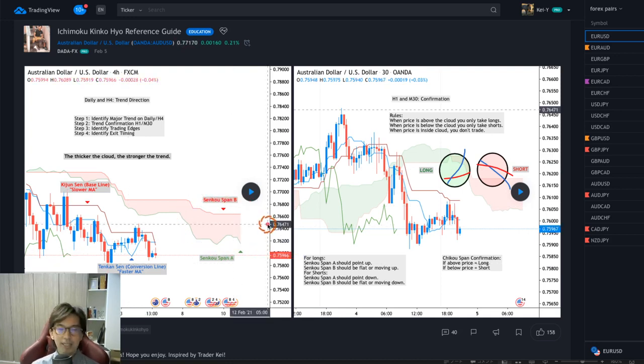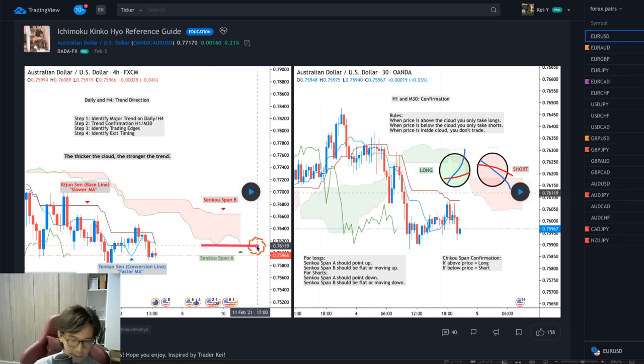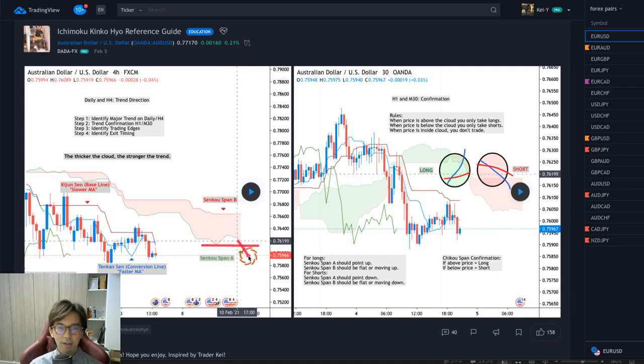In this case, this is something I mentioned in yesterday's live stream as well: I would wait for the previous Senkou span A breakout downwards, and Senkou span B possibly should point downwards too, so that as a whole, the Kumo will become a downtrend.